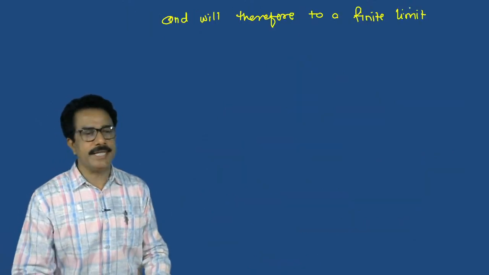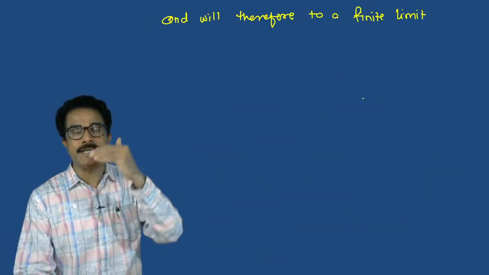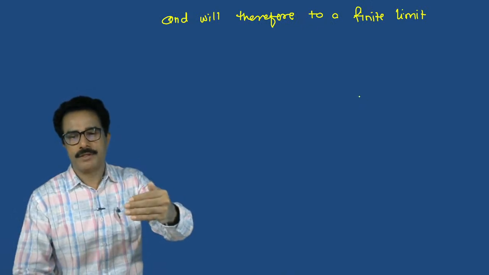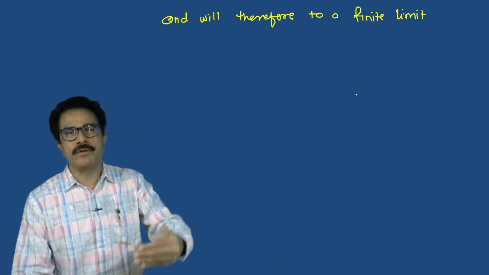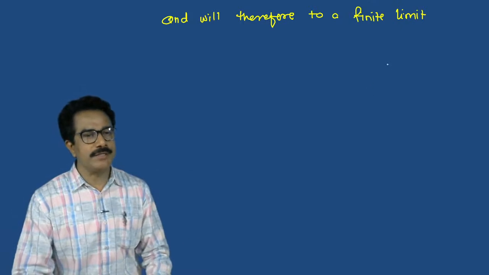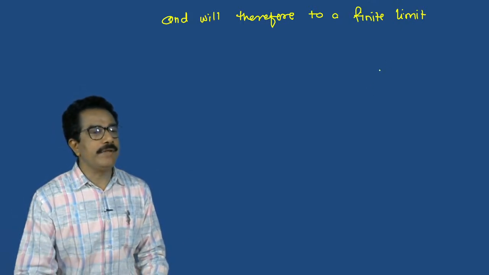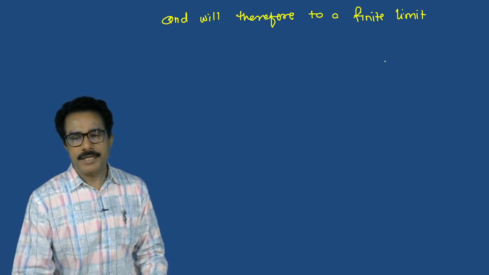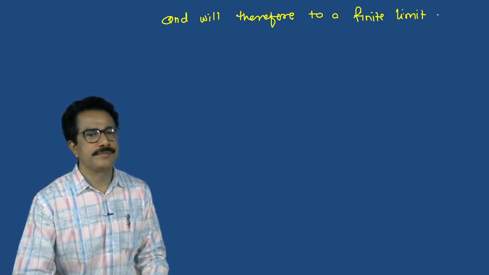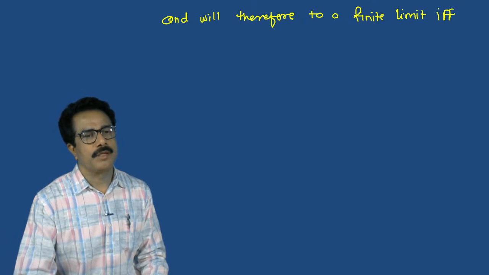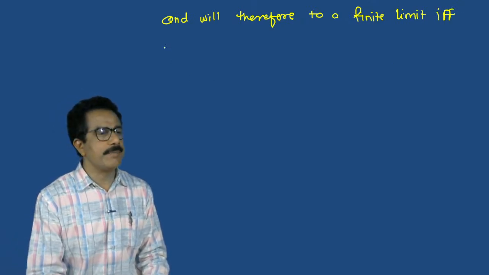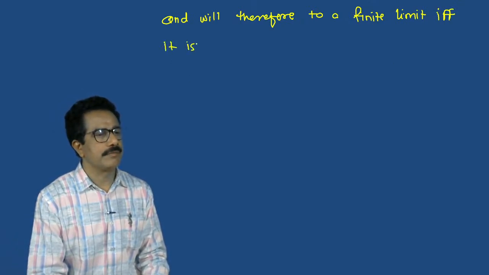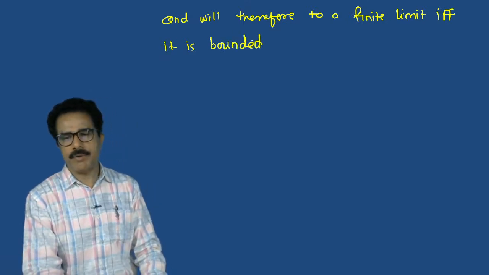So due to this finite limit, it has some particular value, and due to that we can say that it is bounded. It tends to a finite limit if and only if it is bounded above.